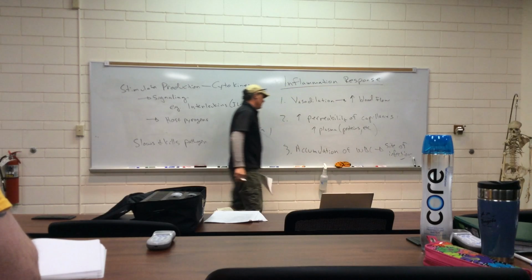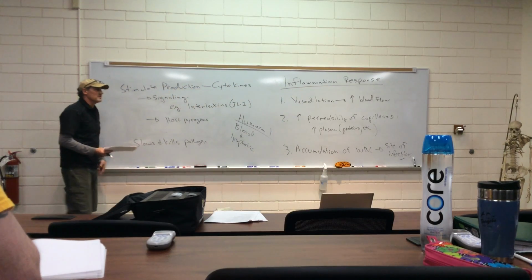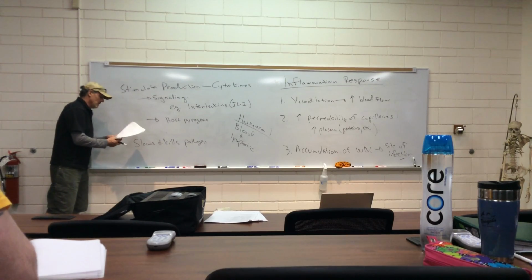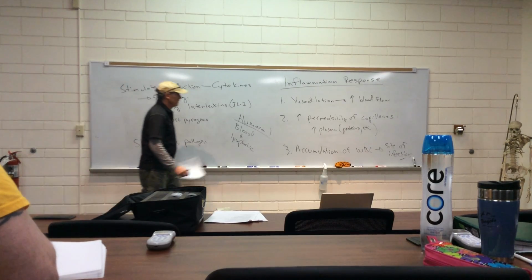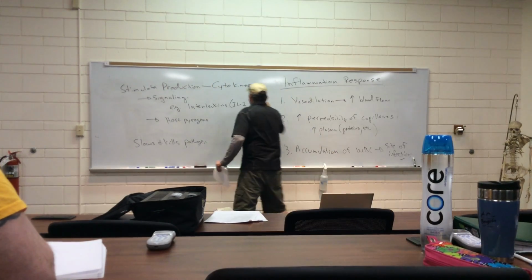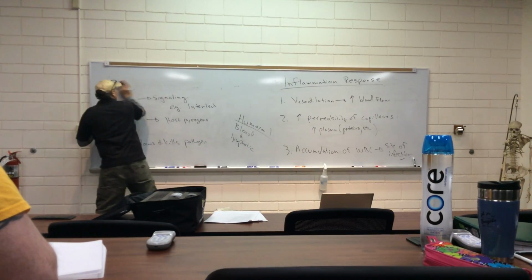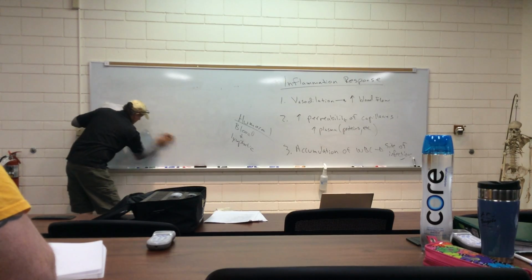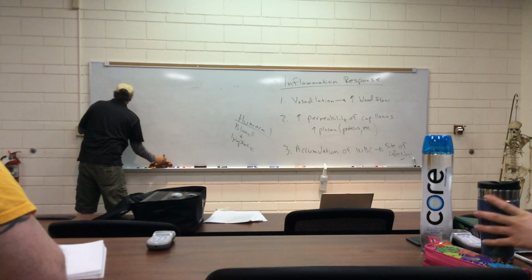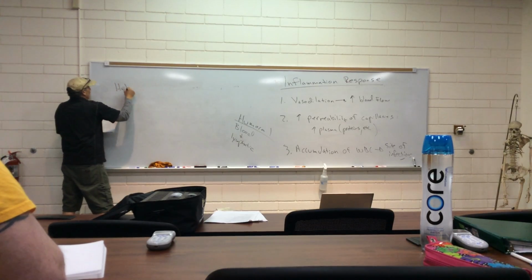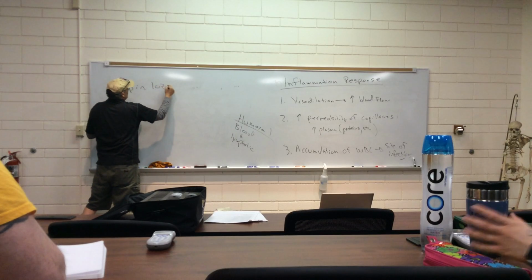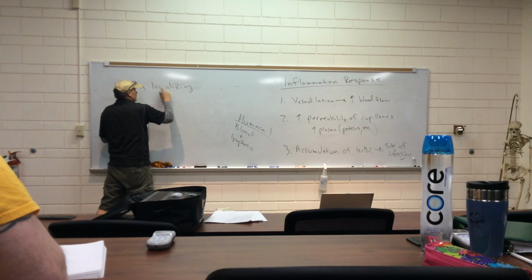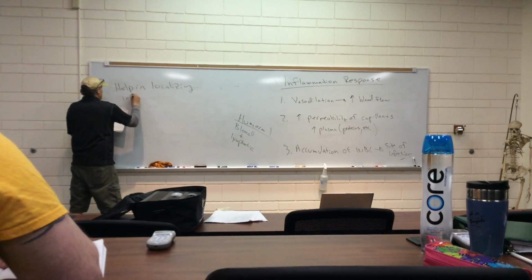We see accumulation of the white blood cells, usually at the site of infection. All of this together gives us an overall state in which we get help in localizing the infection.